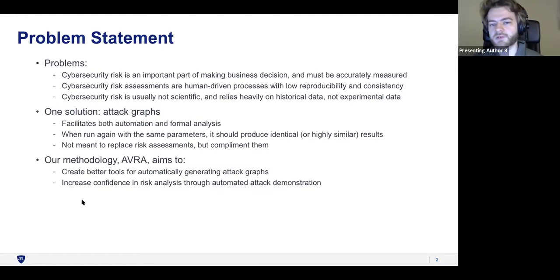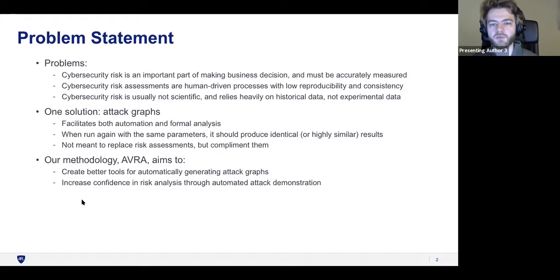So one possible solution for getting this sort of reproducibility and data-driven assessment is using attack graphs. So attack graphs are a set of logical dependencies that describe the movements of an attacker or the capabilities of an attacker within the context of some network, right?